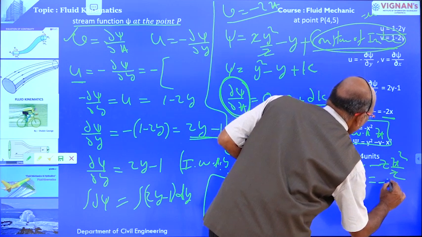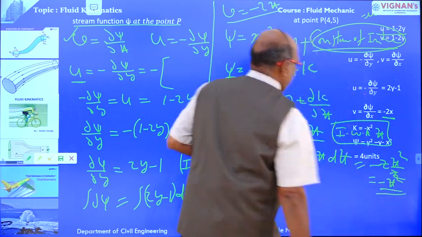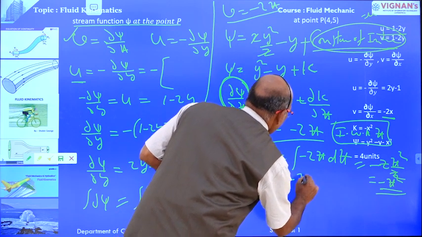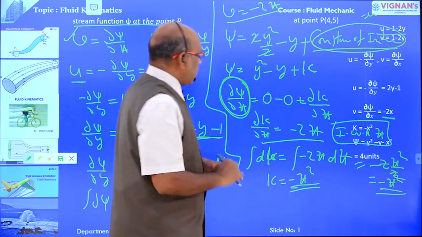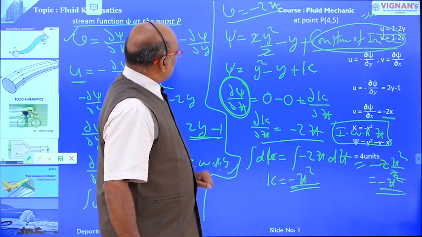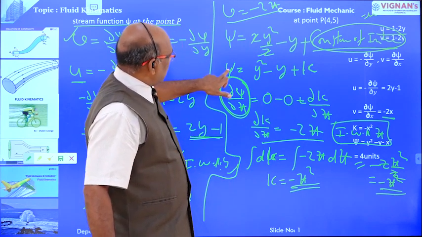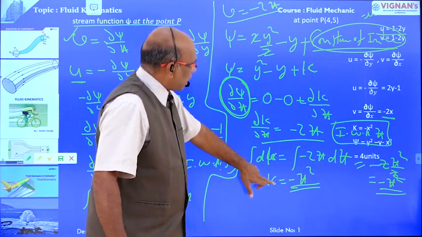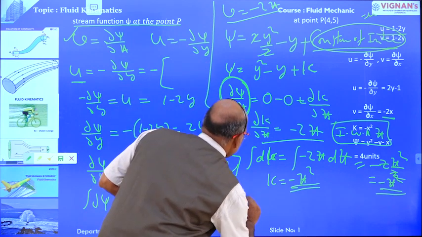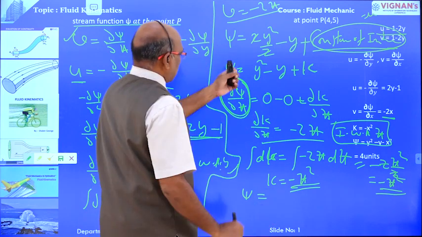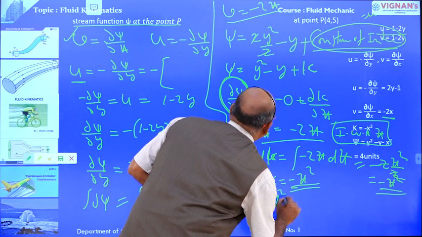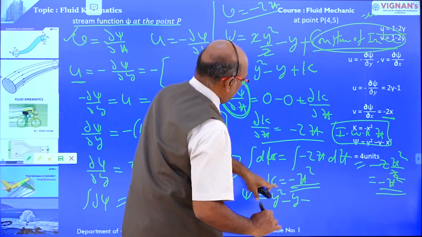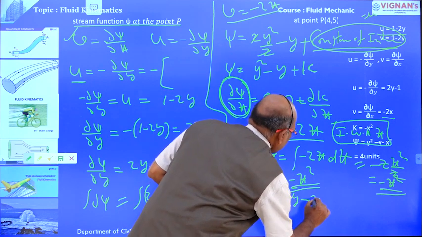This is equal to minus x square. Therefore, k is equal to minus x square. This is the value we have. Now stream function equal to y square minus y plus k. K we have determined here. Therefore, stream function ψ is equal to y square minus y plus k, where k is equal to minus x square.